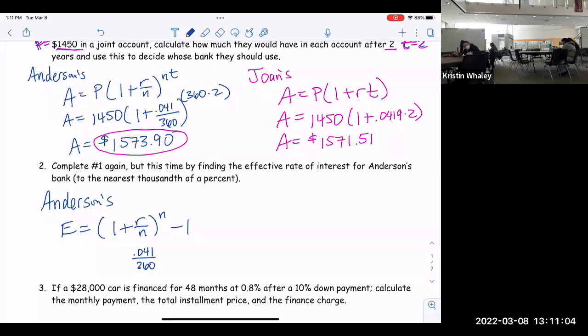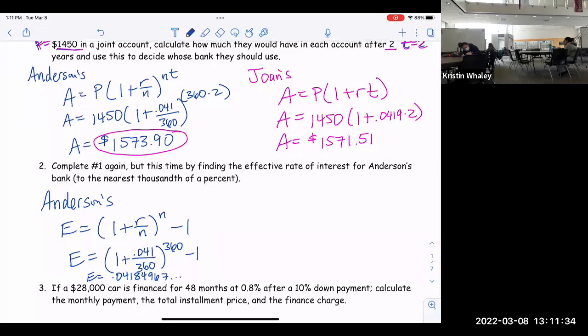So we're using 360 in place of N. So if I put that into my calculator, I'm going to get a really big decimal. So this is giving me 0.04184967. It keeps going past that, depending on how many digits your calculator shows.